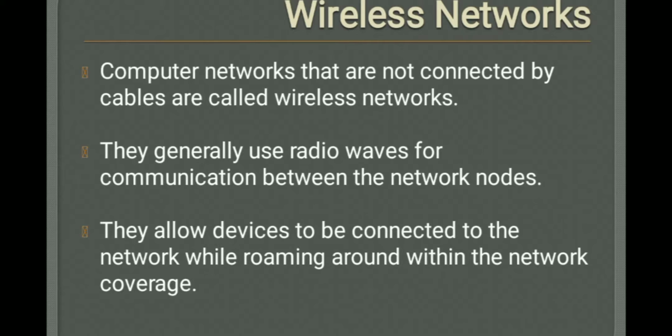A computer network that does not use any cabling technology to get connected in a network. We are not using any cabling, but we are using some radio waves or frequencies that allow us to be connected in a network coverage area.